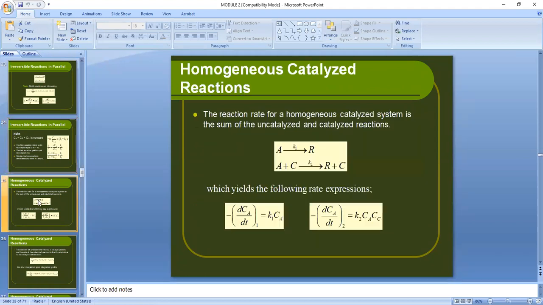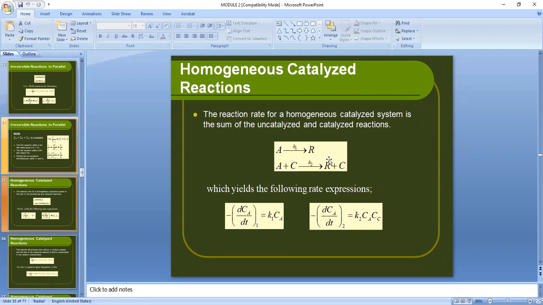Okay, let's proceed. So for a homogeneous catalyzed reaction, you have the presence of the catalyst. Of course, because it's catalyzed. When you write the net rate equation, class, just like in competing reactions, you write the uncatalyzed and the catalyzed reaction.